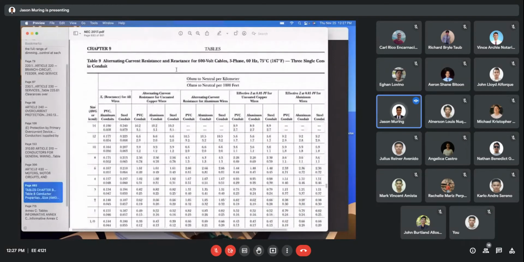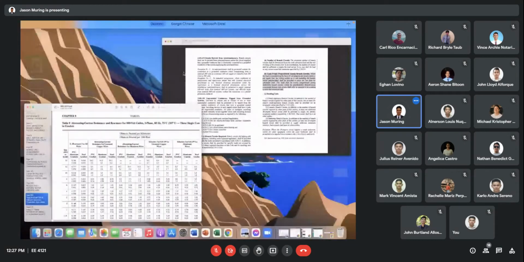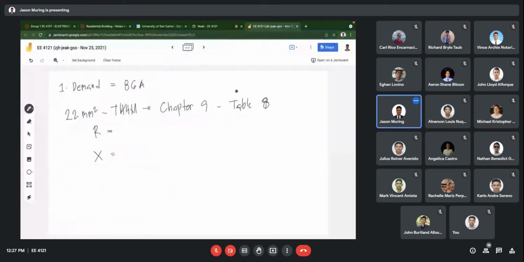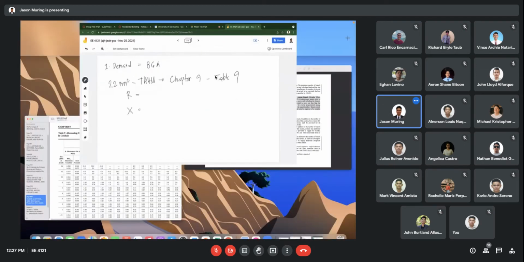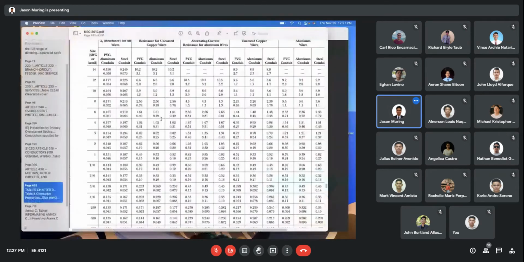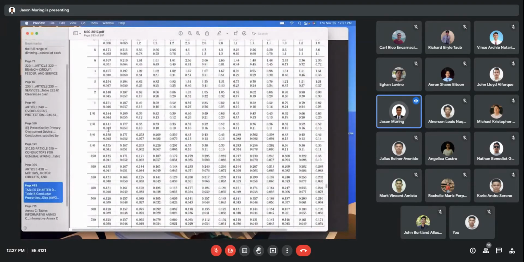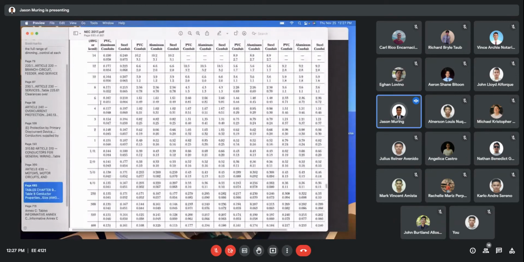So let me correct this one. Table 9, and then number 4.